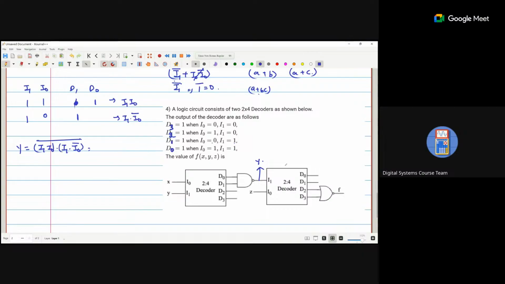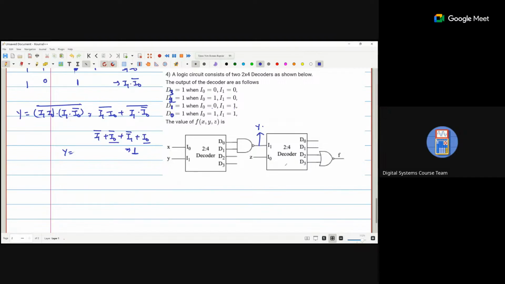If I solve it, it is (I1 I0)bar plus (I1 I0 bar)bar. If I break it, it is I1 bar plus I0 bar plus I1 bar plus I0. So we are getting a 1 in this situation. I0 bar is 1, and 1 plus something is always 1. So Y is 1.